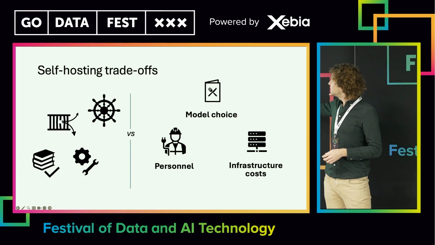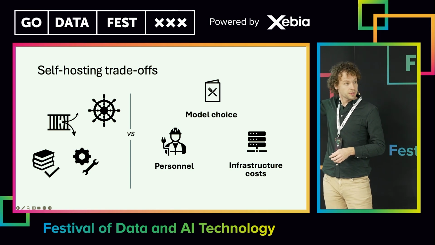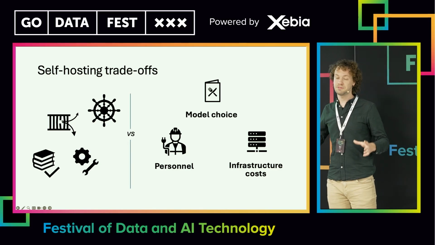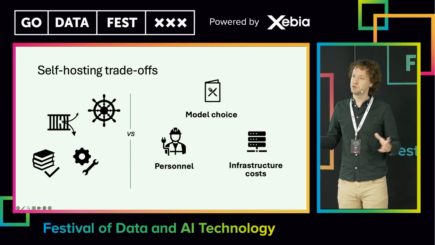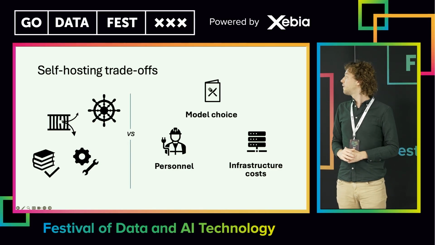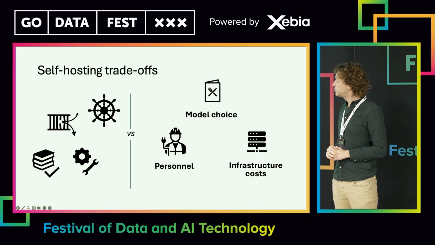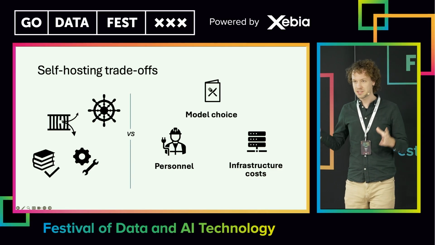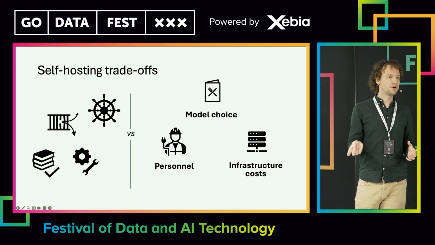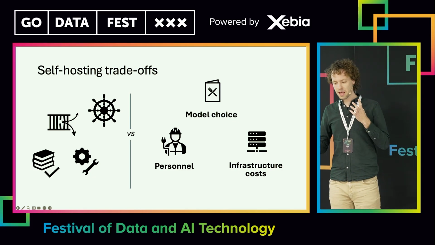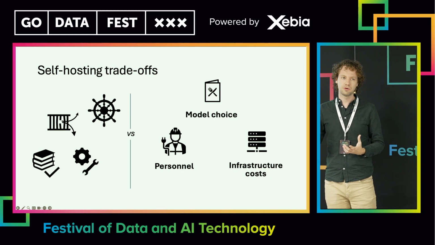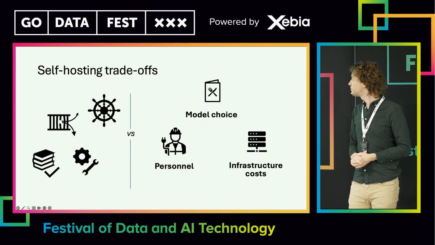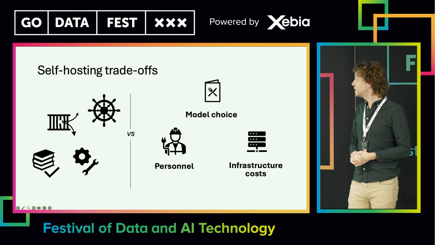Another big point is infrastructure costs, because you need to run those models by yourself, so you need large, beefy machines that can run them. And you also need personnel. You need someone who has the knowledge to maintain those systems, knows all the ins and outs, and makes sure the model is running reliably.